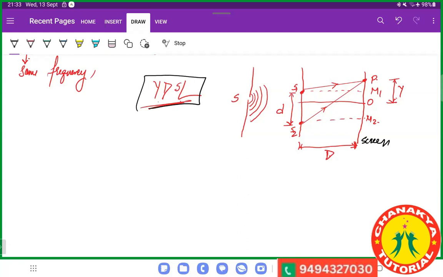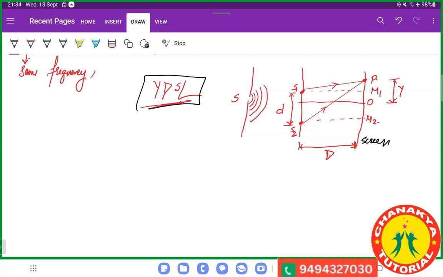Here we are keeping the time period constant. Two rays from S1 and S2 are falling on the screen through very small passages. So there will be some maximum or minimum values, maxima and minima.